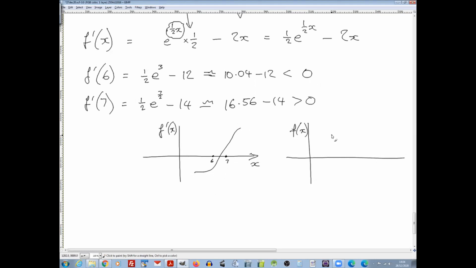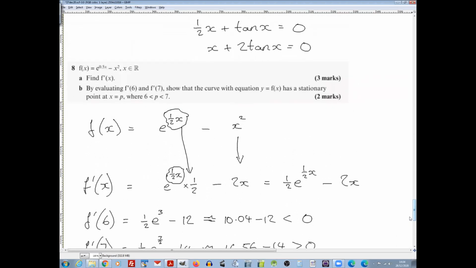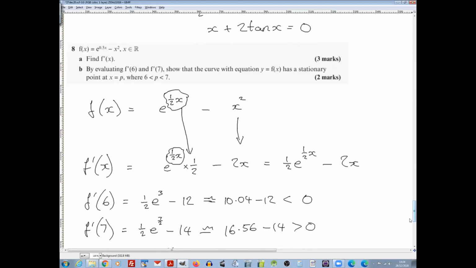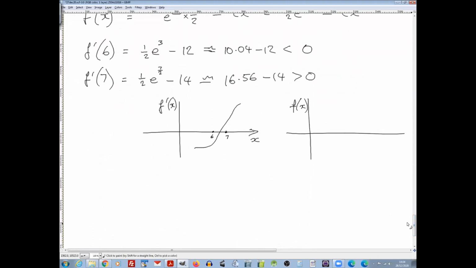I know, what was the question? Oh yes, we don't know whether it's a maximum or a minimum. So it'd be easier to use this explanation, although we do now know that it is a what? Is it a maximum or a minimum? The f function between 6 and 7.